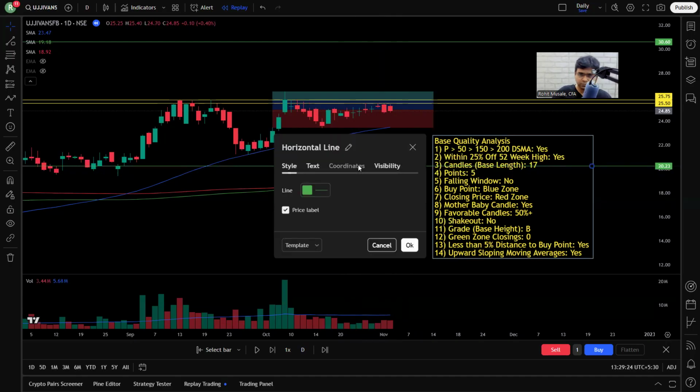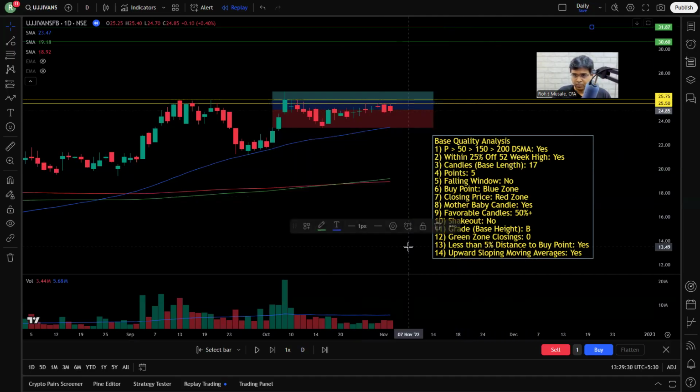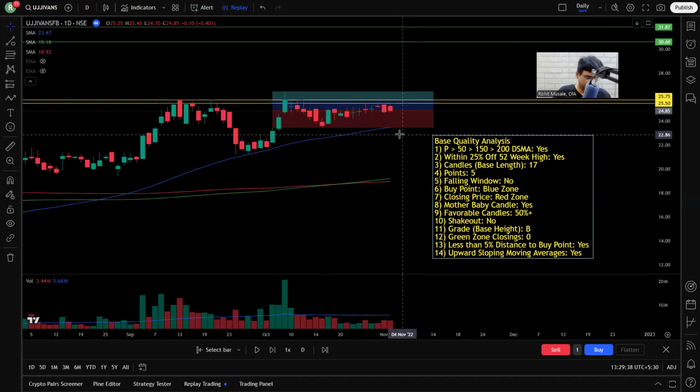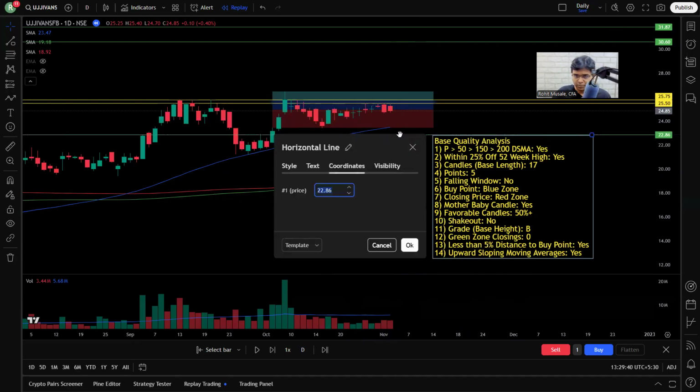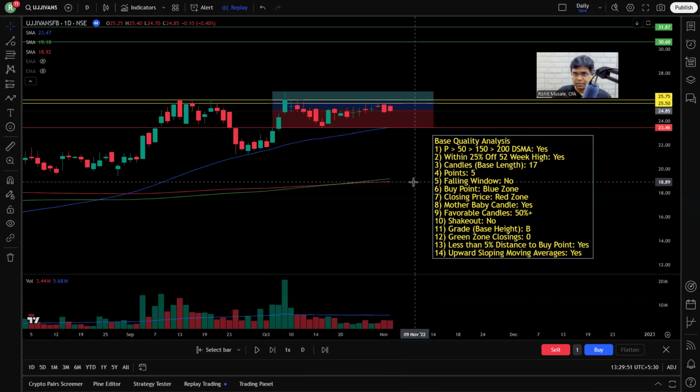See, so two targets are there. What about stop loss? 8% below 25.50. So 25.50 multiplied by 0.92 is 23.46, and the color we will give as red. Okay. So that's the trade.